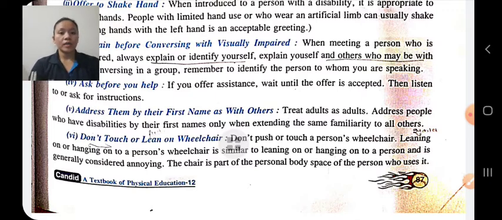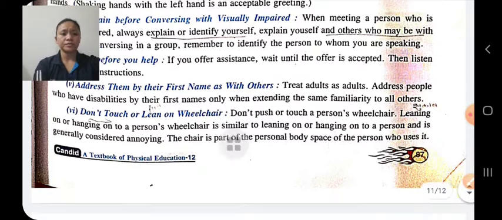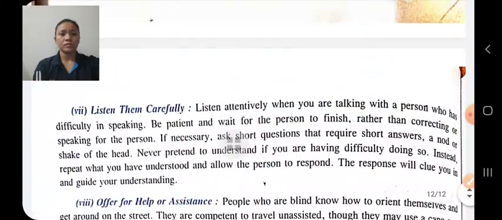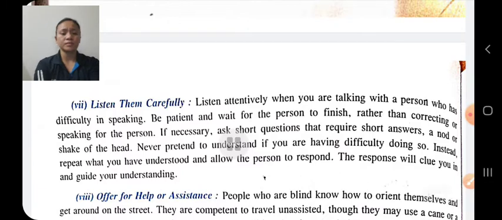Leaning on or hanging on a person's wheelchair is similar to leaning on or hanging on the person. So simple, don't touch his wheelchair.